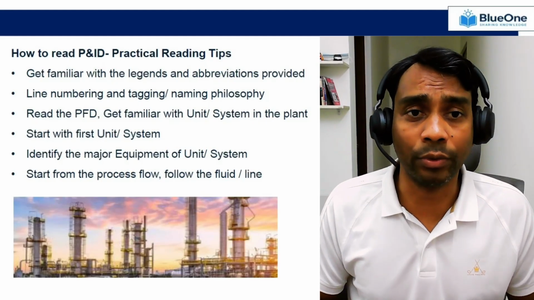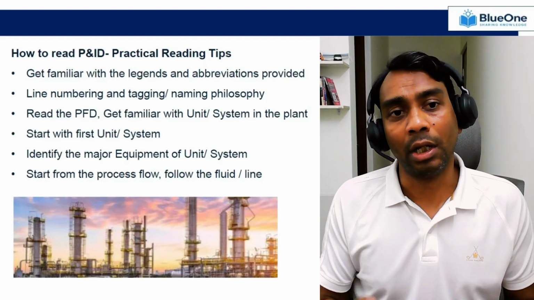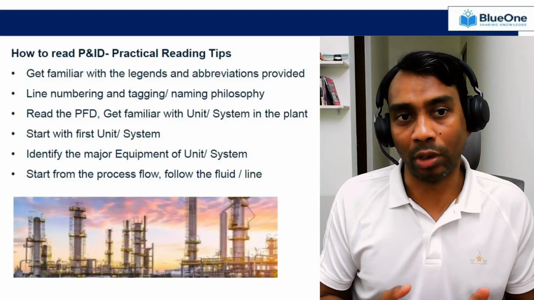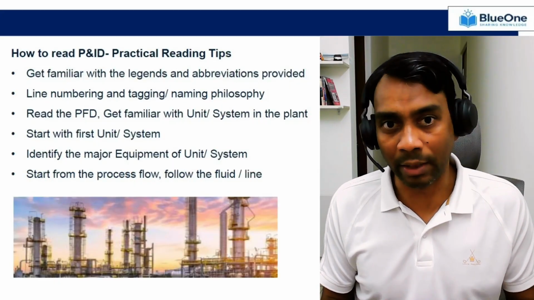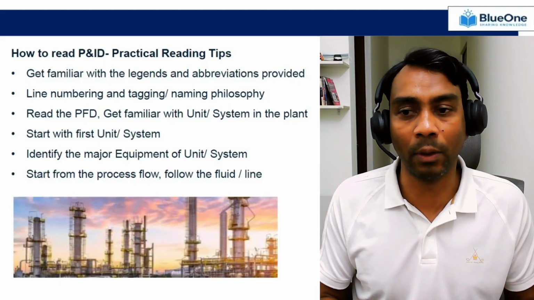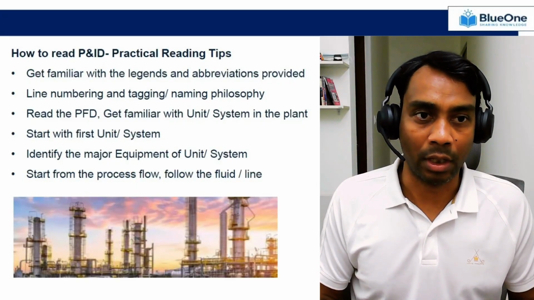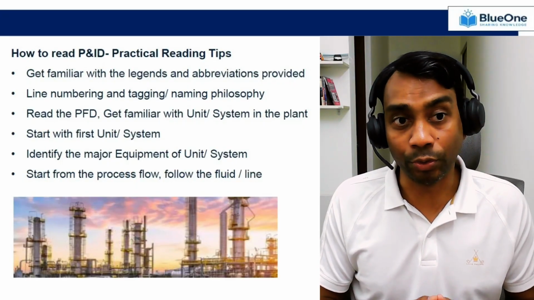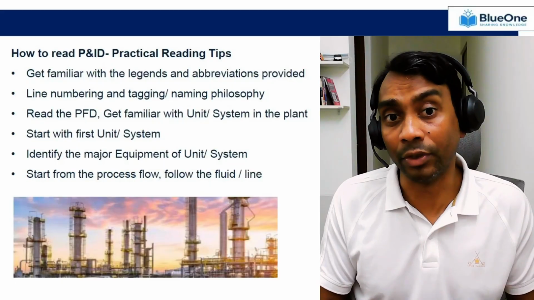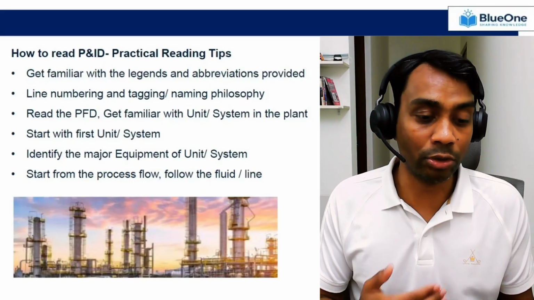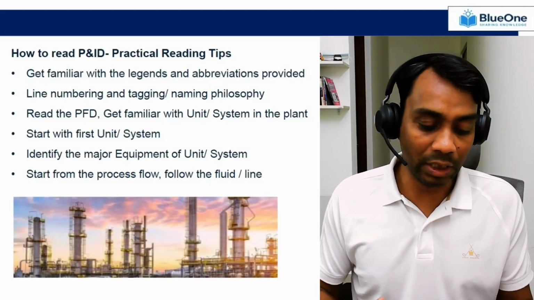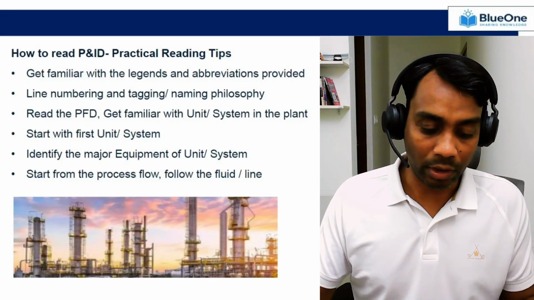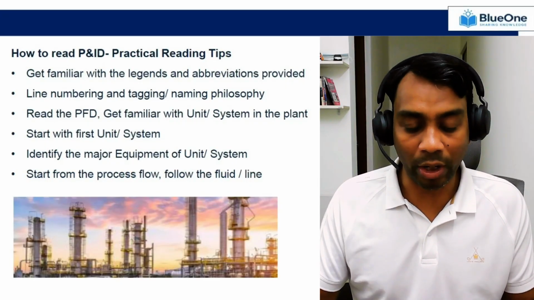Once you are good with the legends and the abbreviations, try to decode your line numbering, tagging, and naming philosophy to understand more depth about the system. I will also encourage you to read a PFD to get familiar with the units and systems in the plant, because once you have the PFD in your hand, you can easily navigate the different or big units and systems you have in your plant.